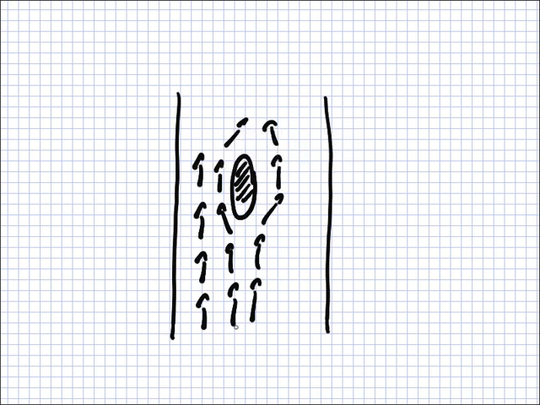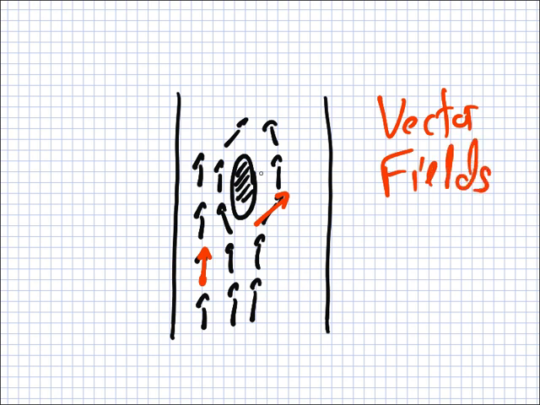So what would happen if you put a small stone here? Will it move up or down? It'll move this way. And if you put it here, will it move up? No. It'll move this way. These are vector fields. These diagrams, these pictures.